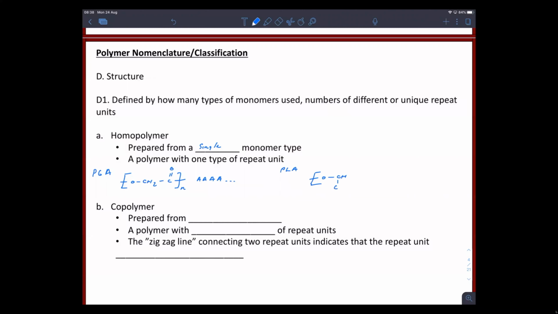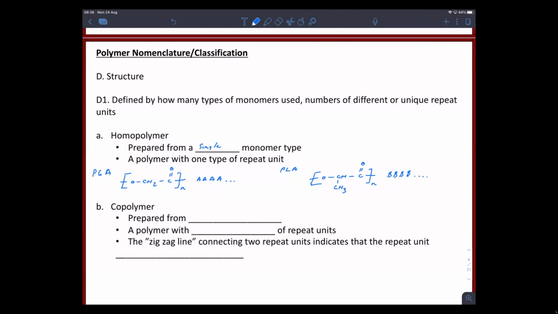The only real difference between PLA and PGA is that you've got this methyl group on the bottom here.